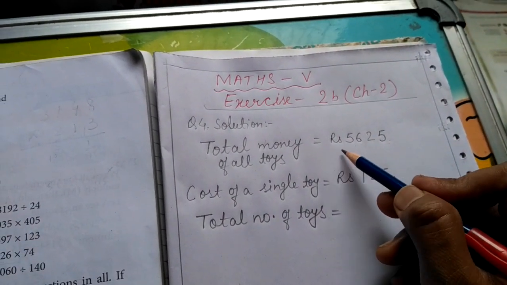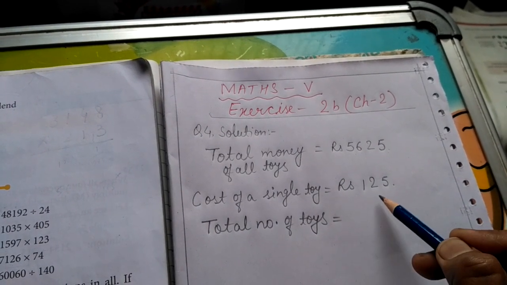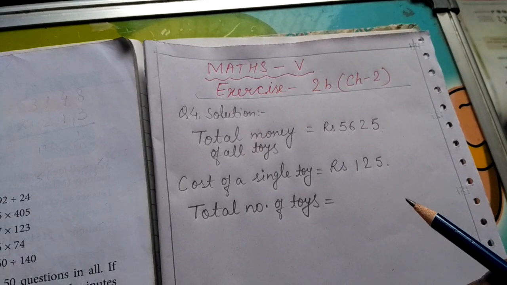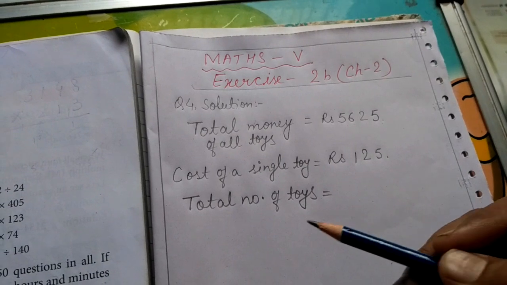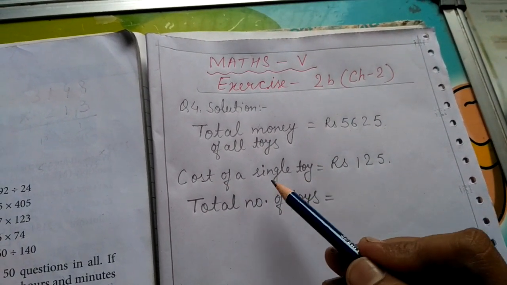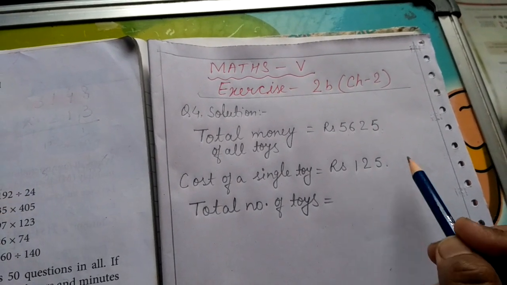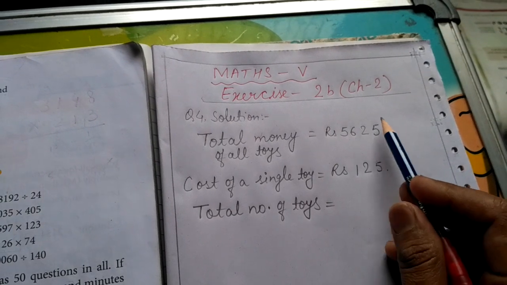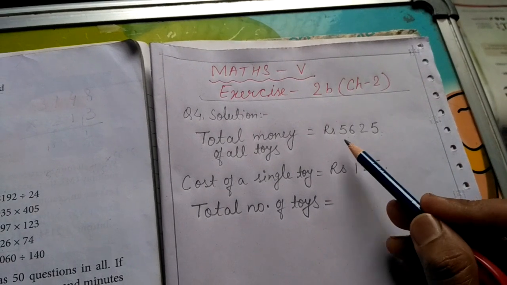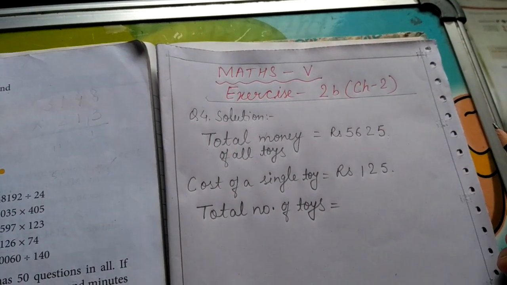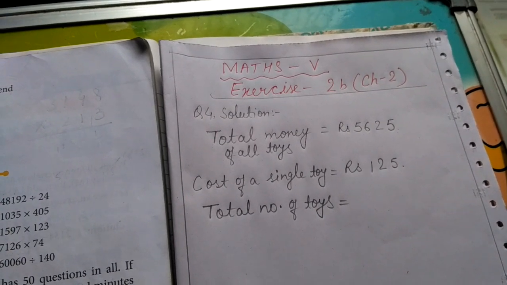So if we divide this total amount of money by the single toy cost, then the total number of toys will be found. Understand? Because we know that a single toy is of the cost rupees 125 and the total money we have to spend is 5625. Now out of 5625, how many toys can we purchase of rupees 125 each?